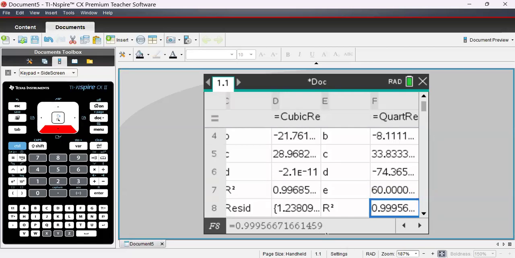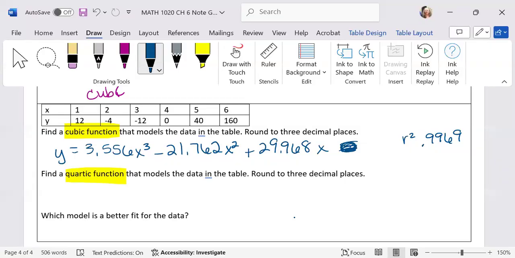Go back. All right, so quartic is to the 4th power. That's our first one. X to the 4th. X to the 3rd. X squared.